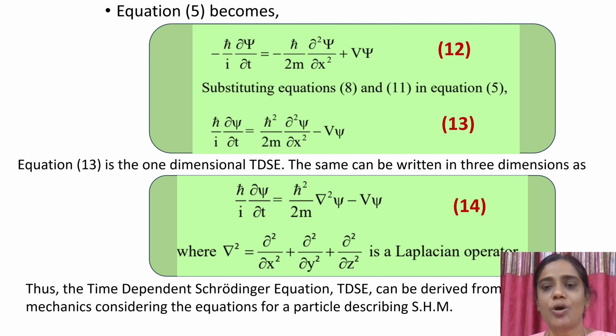You know that it is called the Laplacian operator, which is giving us the 3 coordinates, that is dou squared by dou x squared plus dou squared by dou y squared plus dou squared by dou z squared. Therefore, now equation 14 represents the time dependent Schrodinger equation in 3 dimensions. Thus, the time dependent Schrodinger equation can be derived from wave mechanics considering the equation that is executing a simple harmonic motion.